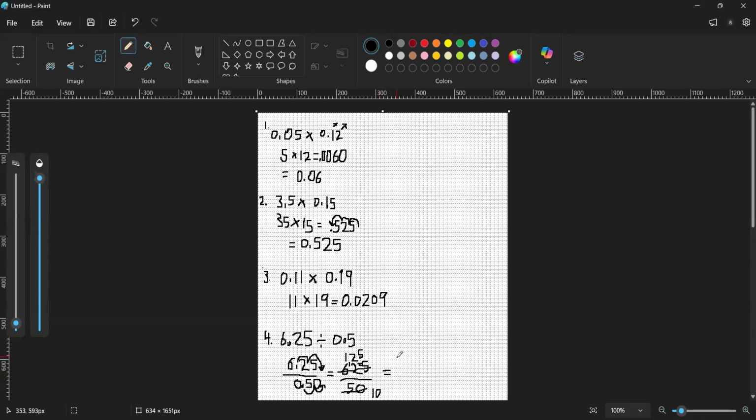Once you remember that fact, then 125 will become 12.5 because you were dividing it by 10. Now, let's pretend we had 100 in the denominator. Then we would have had 2 decimal jumps, and it would have been 1.25. Did you get that?